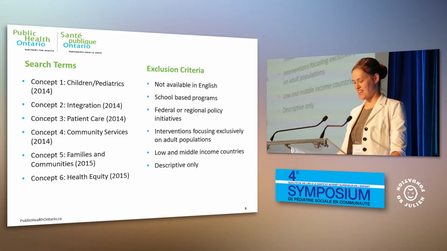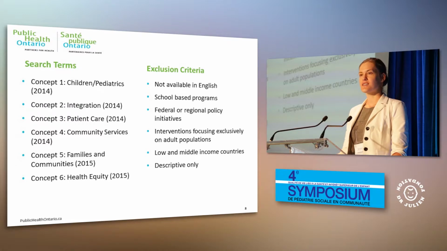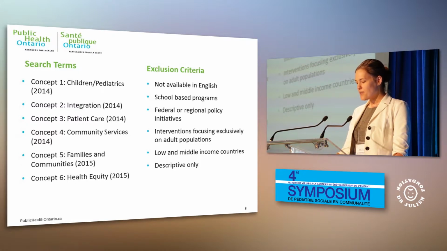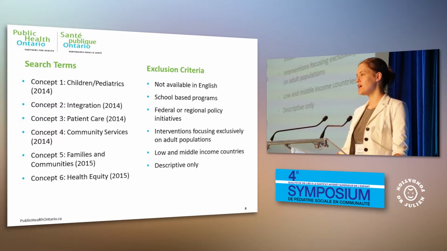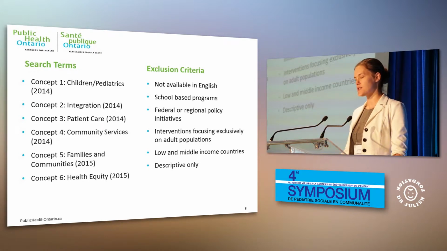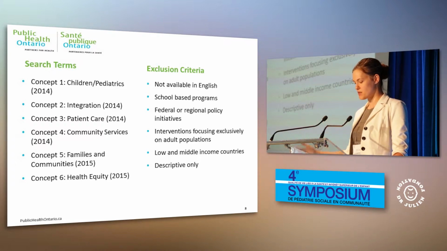So we reviewed 13,000 abstracts, and we excluded those that were not available in English. We excluded those that were not clinical, for example, a school-based program that otherwise would have seemed very much like social pediatrics. We excluded policy initiatives. There are a number that had a very social pediatrics-like policy, that everybody should have access and reduce inequities and all those things, but they were federal or regional policies, not actual implementation of programs.